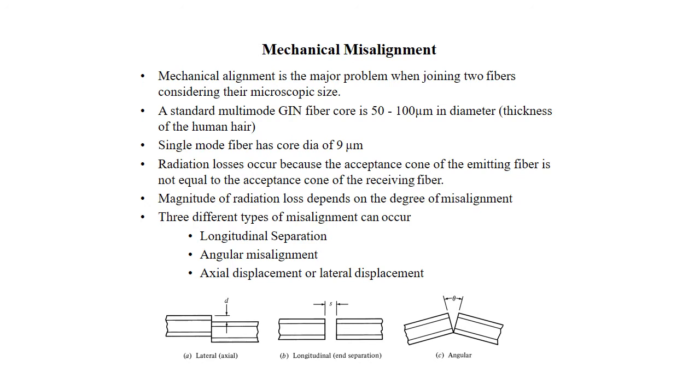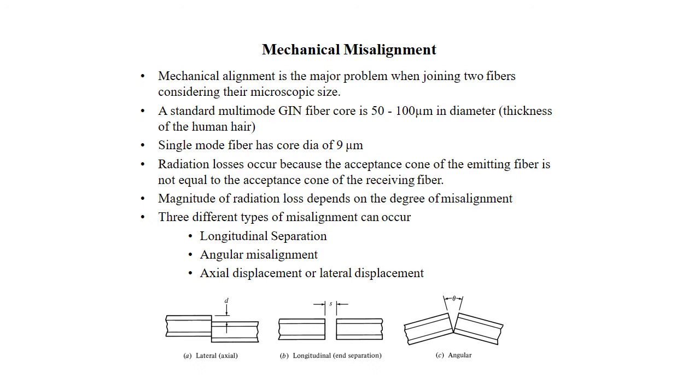Mechanical misalignment: a potentially greater source of loss at the fiber to fiber connection is caused by the misalignment of two joined fibers. These are the radiation losses, which result from mechanical misalignment because the radiation cone of the emitting fiber does not match the acceptance cone of the receiving fiber. When the diameter of the fiber is a few micrometers, microscopic alignment is required.